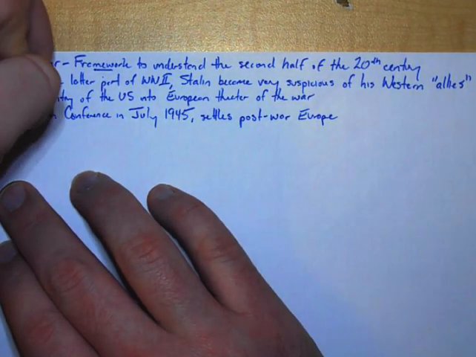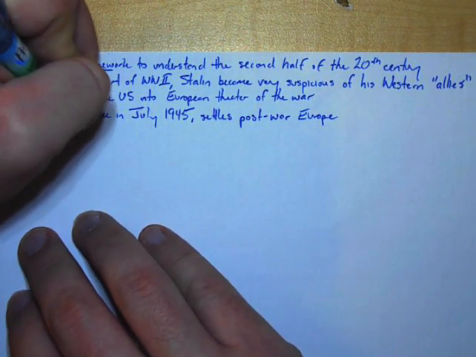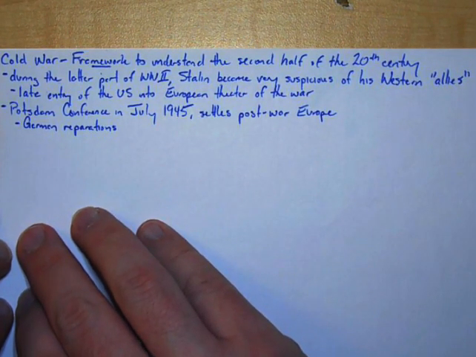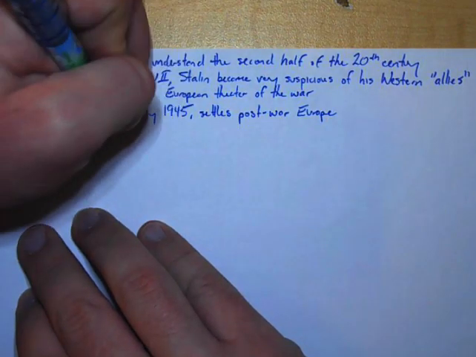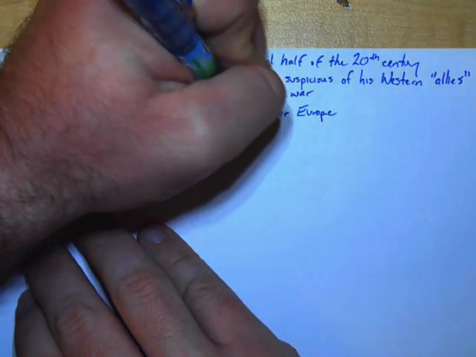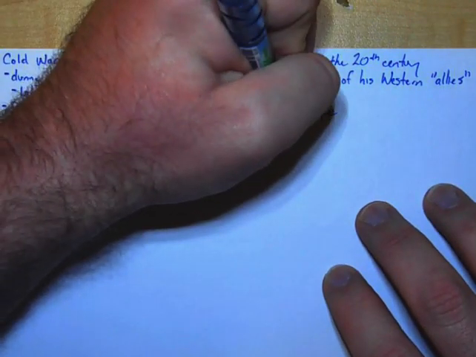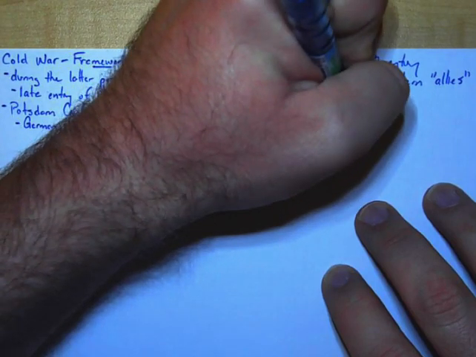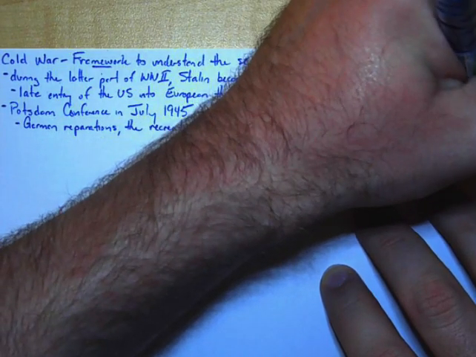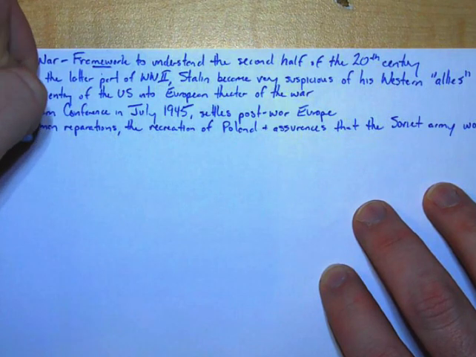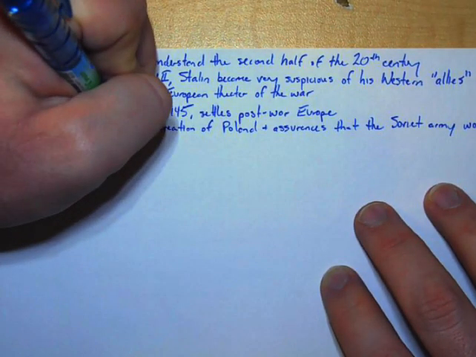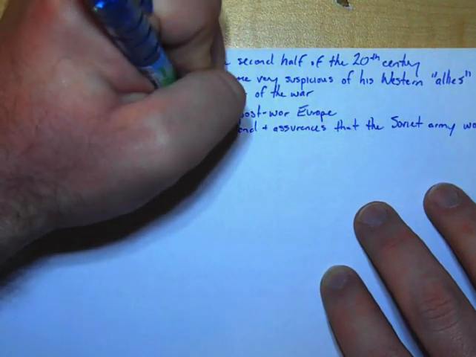They discuss German reparations, some of which would be paid off in forced labor from German prisoners of war, the recreation of Poland, and the assurances that the Soviet army would leave Eastern Europe and allow for democratic elections.